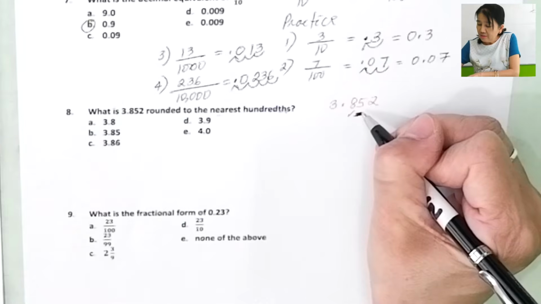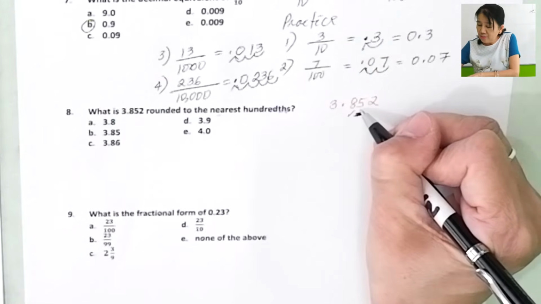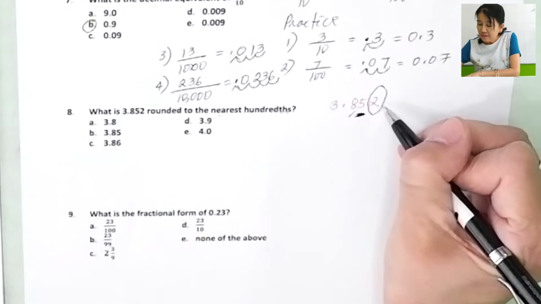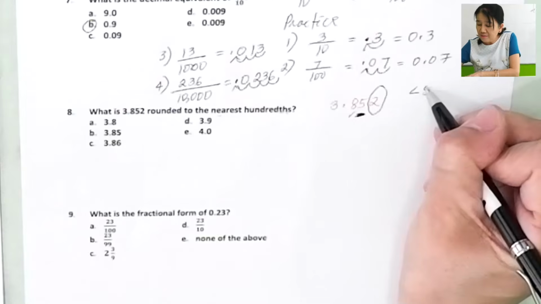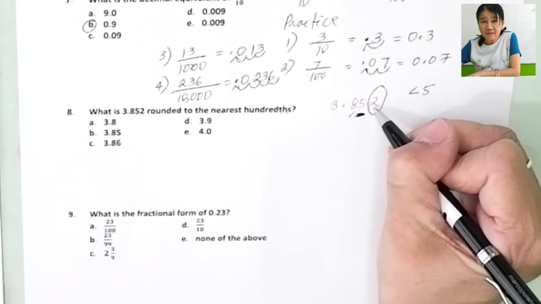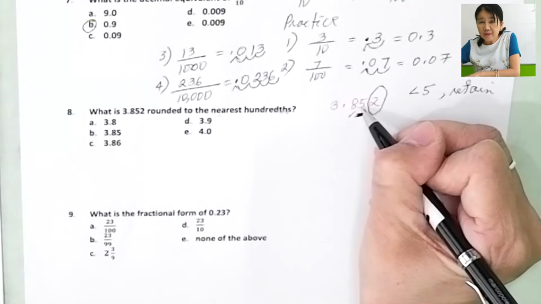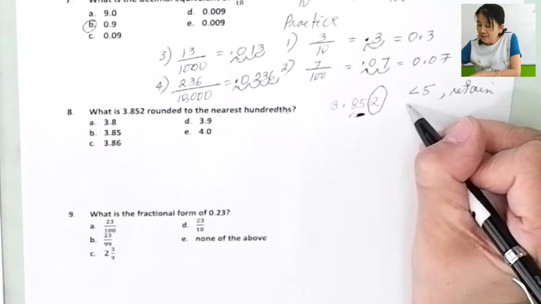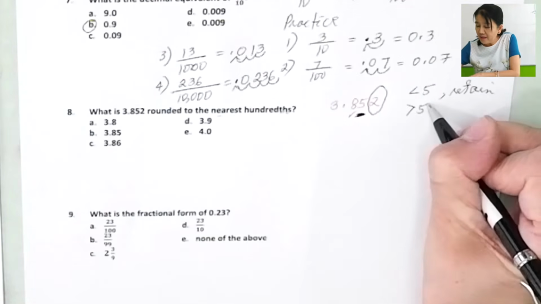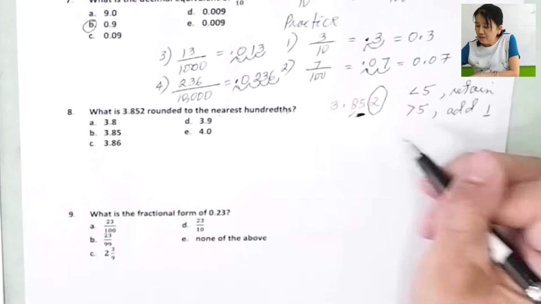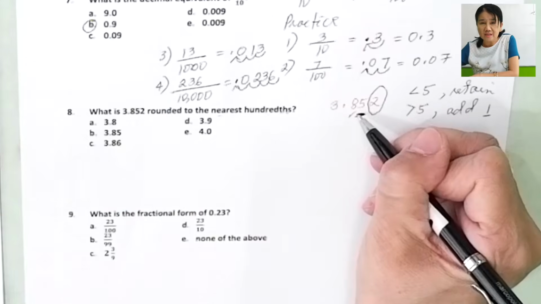rounding off. So, you should determine whether you will increase this or decrease it. Now, what is the rule? You look at the number to the right. If the number is less than 5, retain the number in the hundredths place. But if the number is greater than 5, then you add 1 to the numeral in the hundredths place.